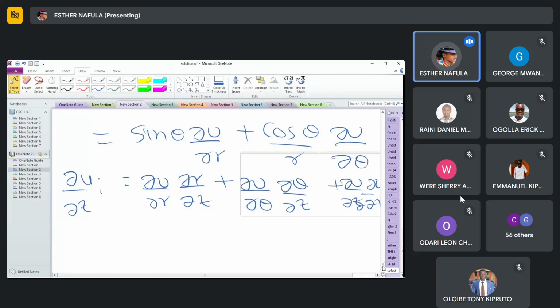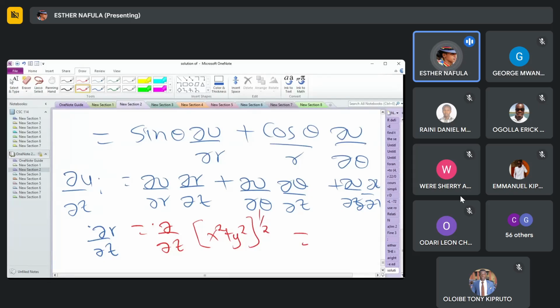So we now need an expression for partial u partial z in cylindrical coordinates. We need partial r partial z, partial theta partial z, as well as partial z partial z. Partial r partial z is the partial derivative with respect to z of r, but r is x squared plus y squared raised to the power half. What do you get? Zero.